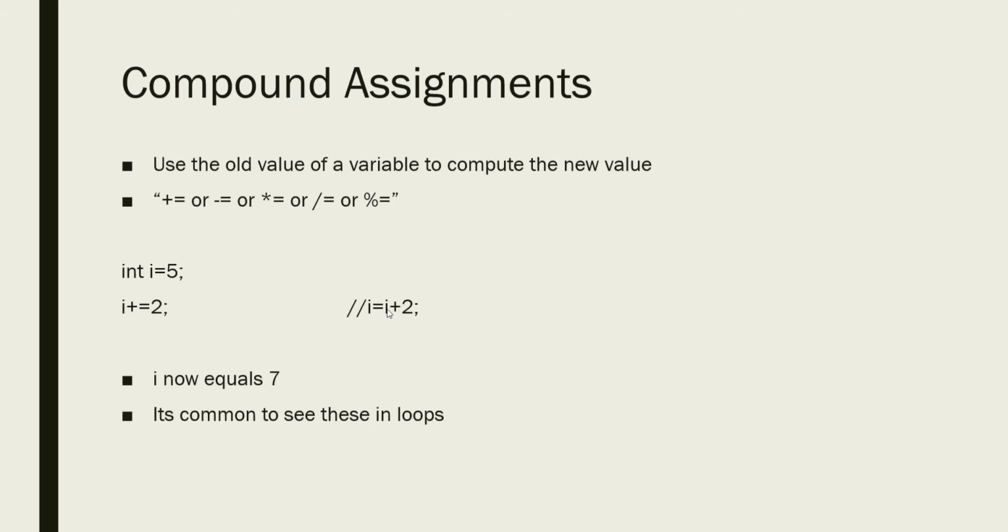So you look at it as 5 plus 2, i now equals 7. And we actually see this a lot in loops. So it's i equals 5, and then i plus equals 2. That means it's going to add 2. So the new value of i is going to be the old value of i, which is 5, plus 2.